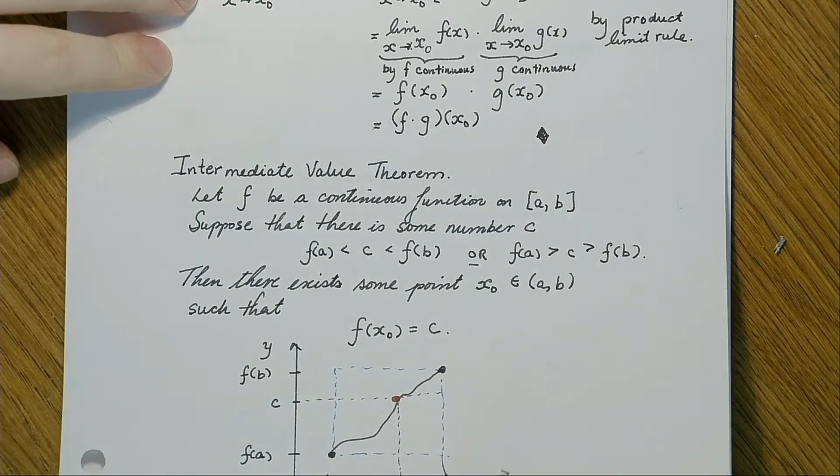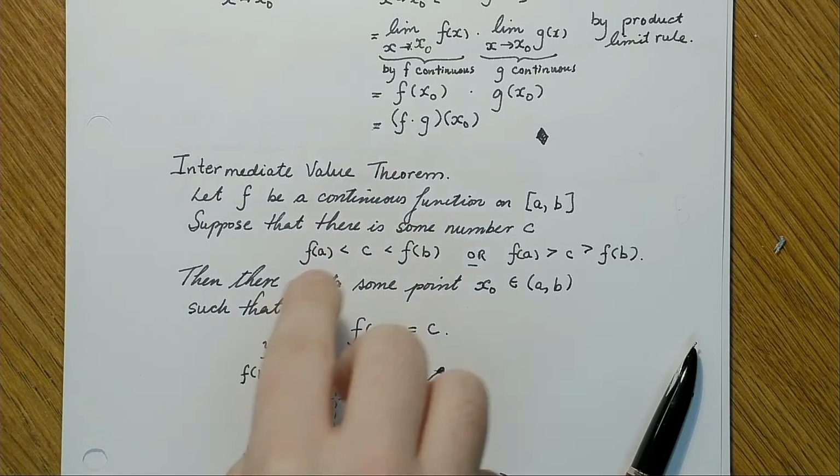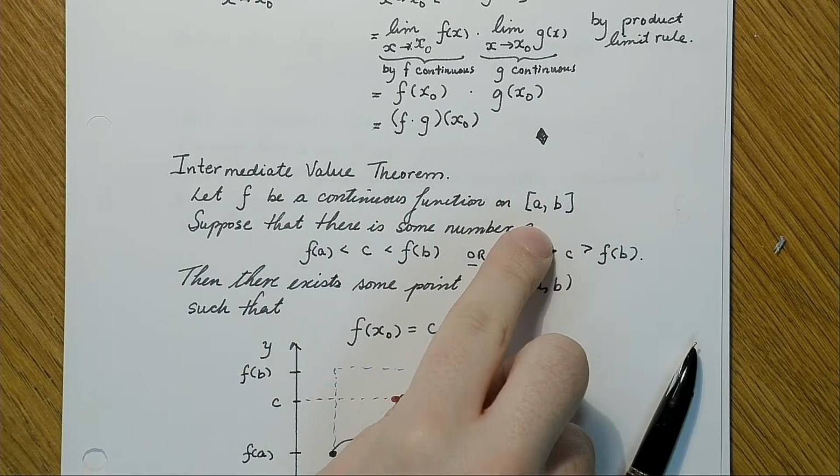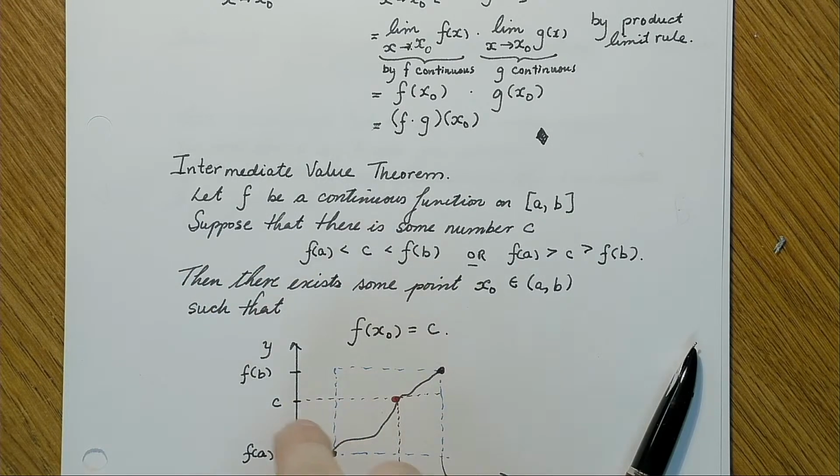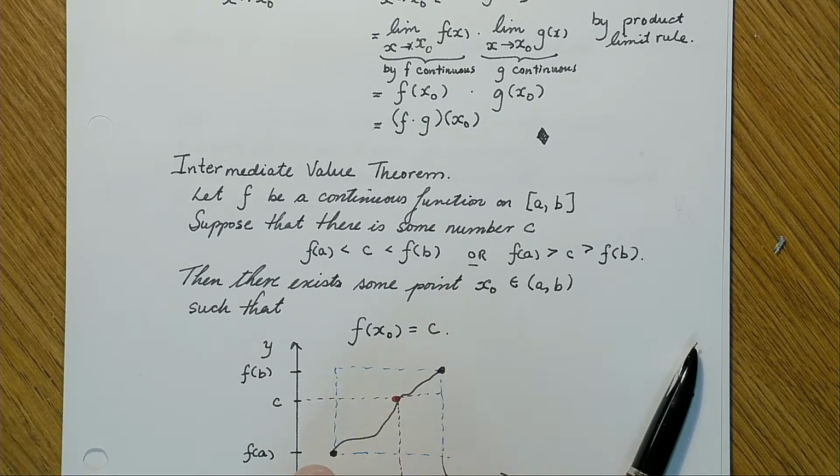We said that if f is a continuous function on some closed interval a, b, then there's some c that's between the y values for a and b, such that it crosses that point, and then there exists an x naught. So there's an x naught that goes into that function and will give you c.